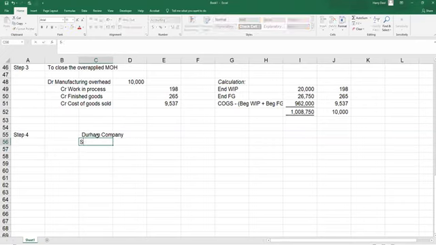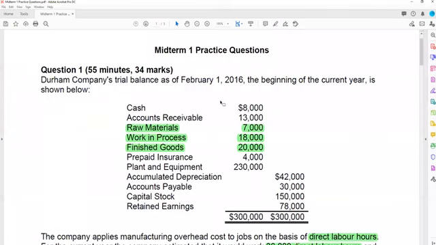You're making a schedule of cost of goods manufactured for the year ended. So the current year began on the 15th. So the year will end on January 31st, 2017.